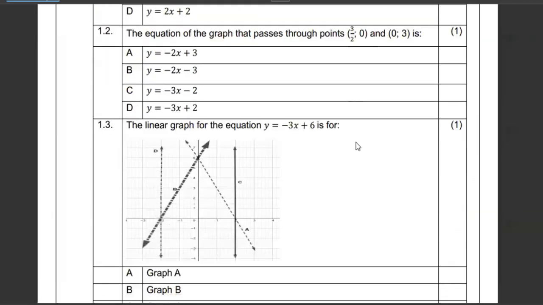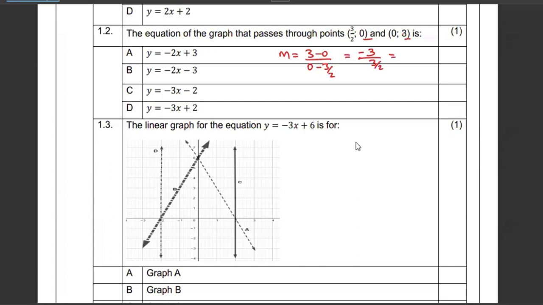Then 1.2, the equation of a graph that passes through this and this is, so start by finding the gradient. Change in y over change in x, so I'm going to say 3 minus 0 over 0 minus 3 over 2. So this becomes -3 over 3 over 2.